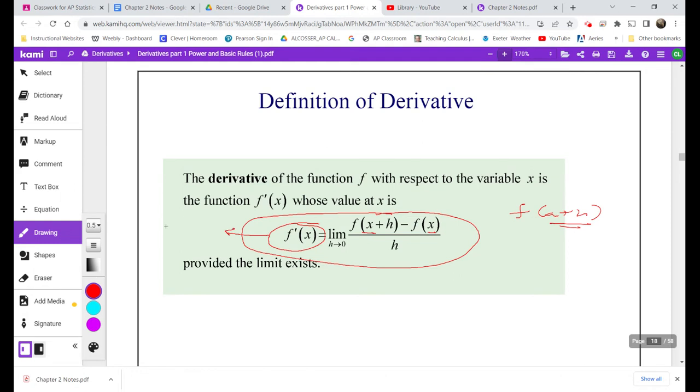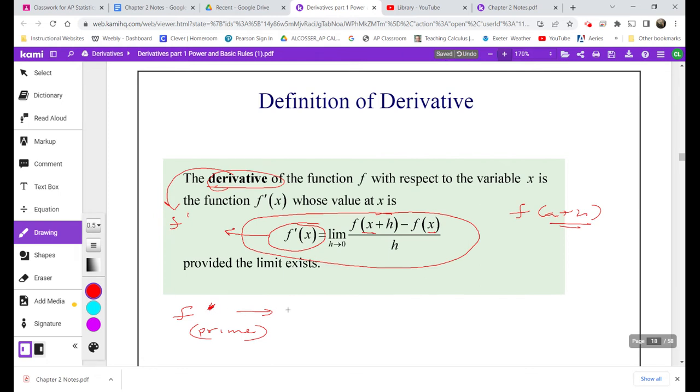This f prime, we call it f prime, means the derivative. That is the derivative of f. It's an apostrophe, whatever you want to call it.